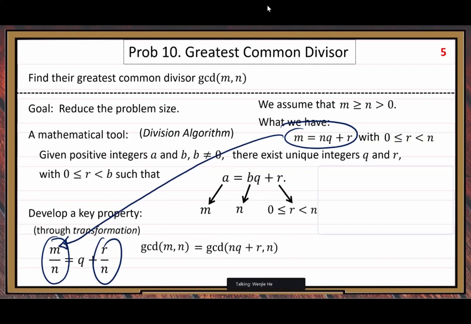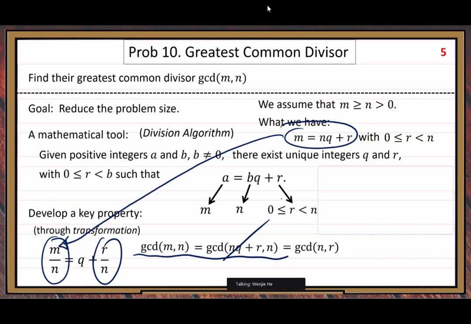So based on that, we derive this recurrence relation. So this GCD, we put it there, but the nq part does not impact the GCD, right? Because nq is a multiple of n. A multiple has no impact on the common divisor.